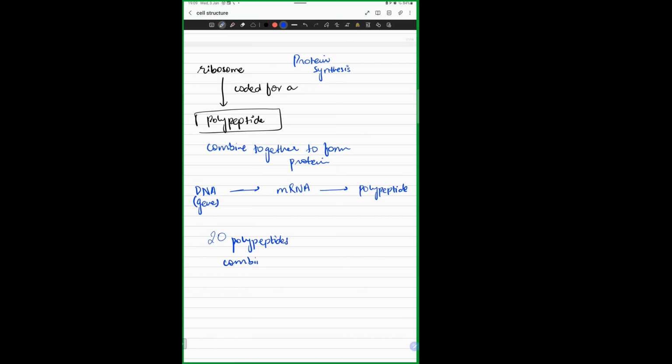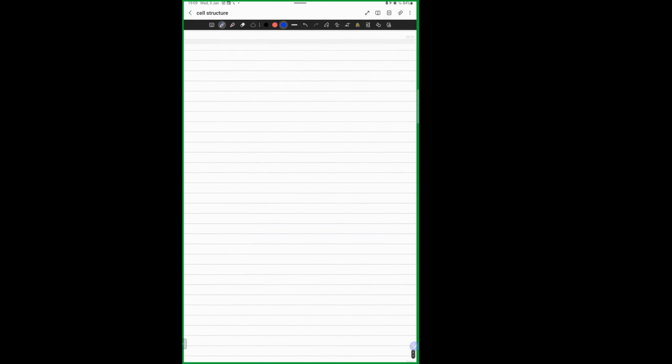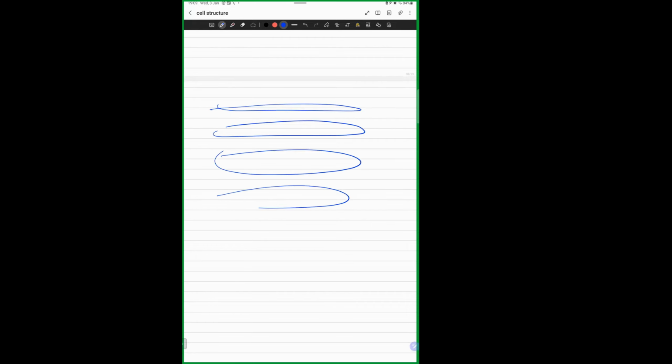This is an example that I'm giving you. Now, this entire process, that 20 polypeptides are coming together to form a protein. So definitely, we can have a lot of polypeptide chains, we have a lot of polypeptide chains.